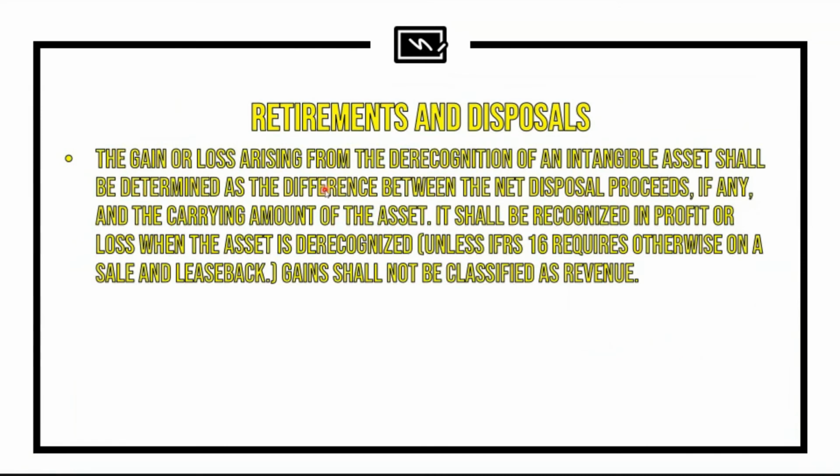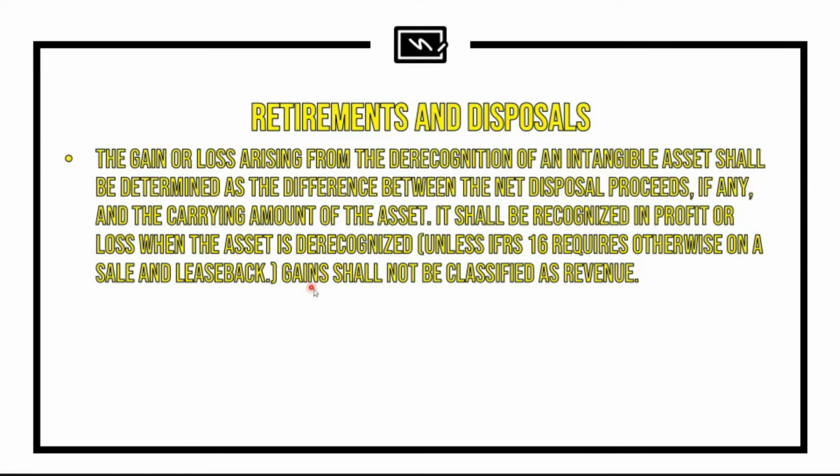Okay? So the gain or loss arising from the derecognition of an intangible asset, if any, shall be determined as the difference between the net disposal proceeds and the carrying amount of the asset. So similar to how we compute for the normal gains and losses. Okay? And then it shall be recognized in profit or loss, unless IFRS 16 requires otherwise in a sale and leaseback, or unless another standard requires us to have another accounting treatment.